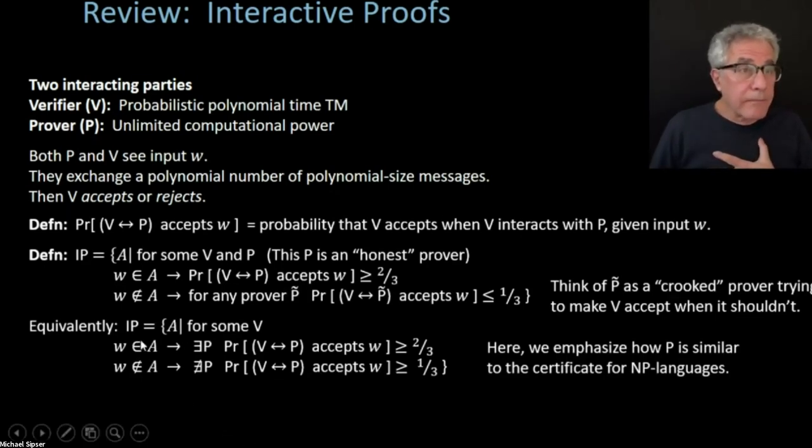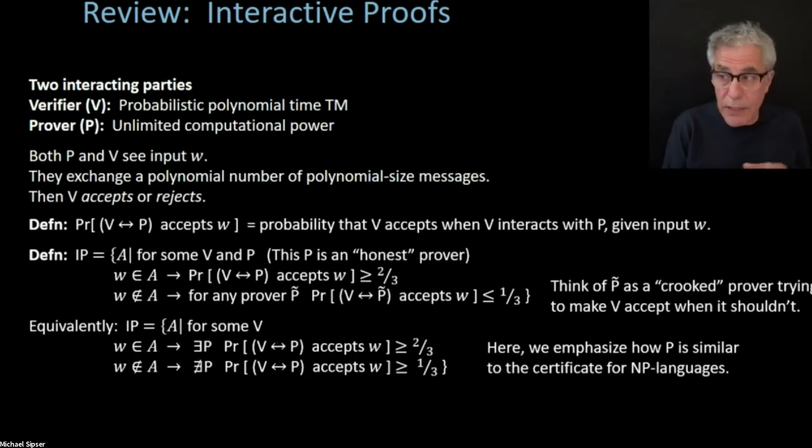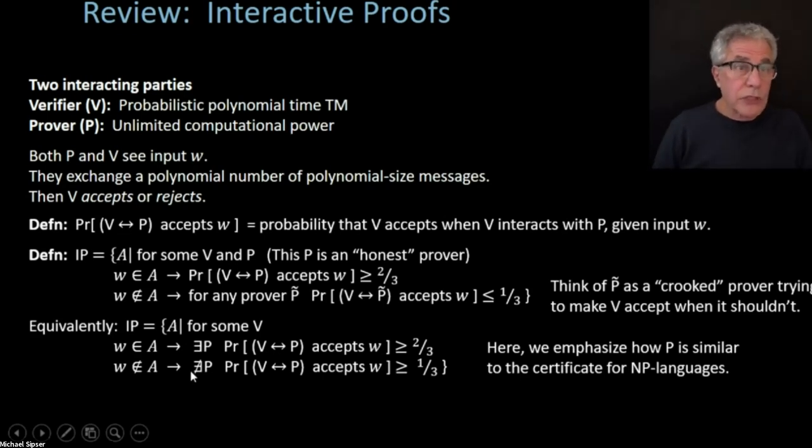IP is the collection of languages where there's a verifier, just like you can think of NP as having a verifier which can check certificates. Here, the prover is going to be like the certificate, so that for strings in the language, there's a prover which can interact with the verifier and make it accept with high probability. And if you're not in the language, there is no prover which can interact with the verifier and make the verifier accept with even more than low probability.